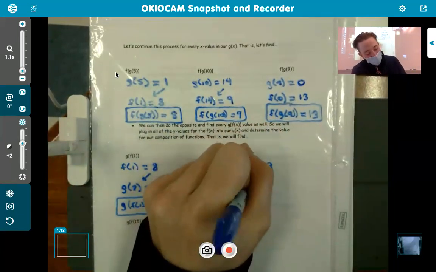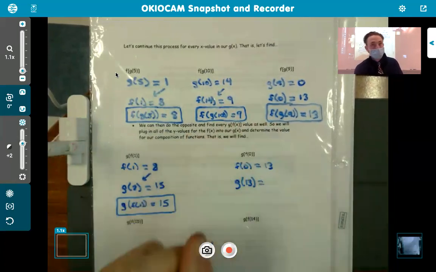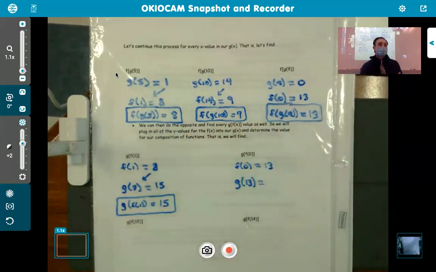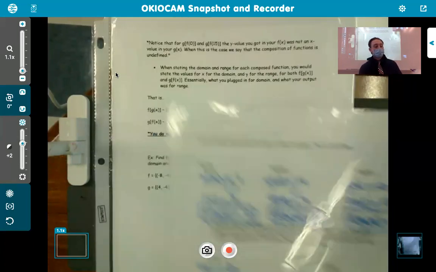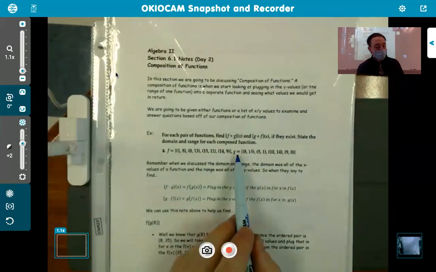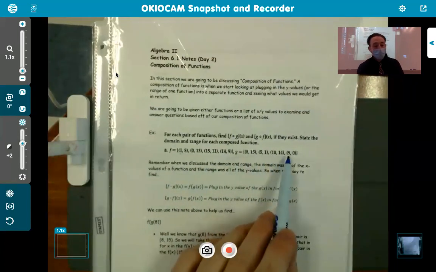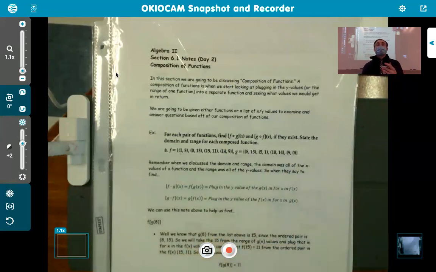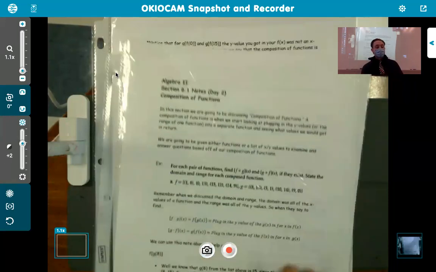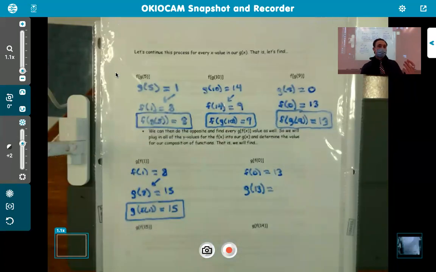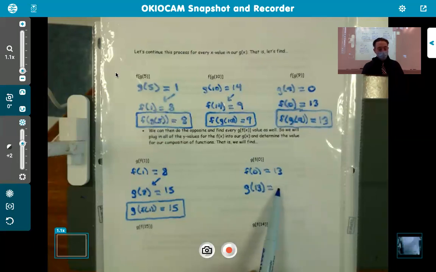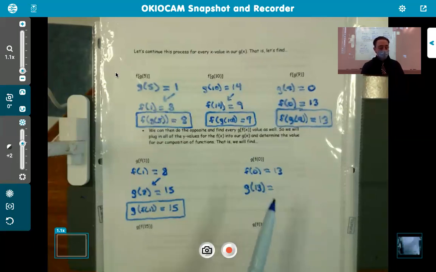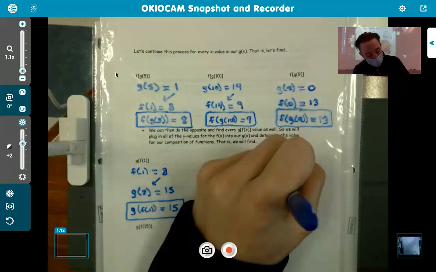What is g of 13? There's not a 13 in the x values for g, right? If I look across my x values, I have 8, 5, 10, and 9. I don't see a 13. When you don't have an x value in your function, we say that this is undefined.